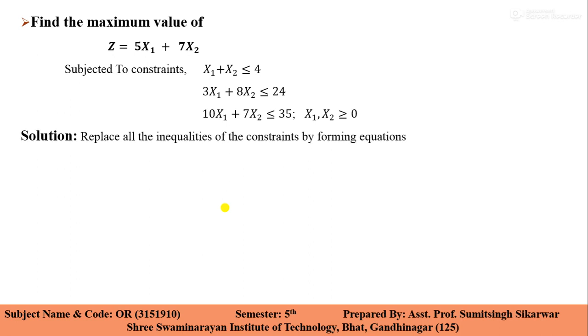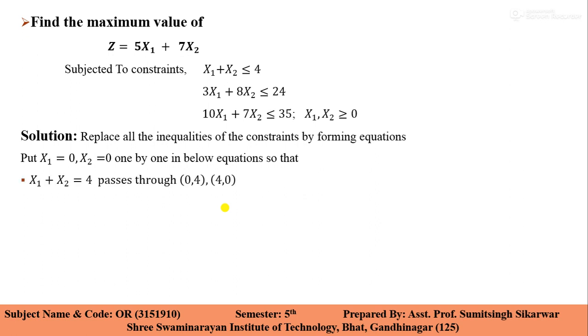We'll replace all the inequalities to form equality equations, and we'll put the values of x1 and x2 as 0 one by one in all those equations. So if you put x1 equal to 0, you will have x2 equal to 4.